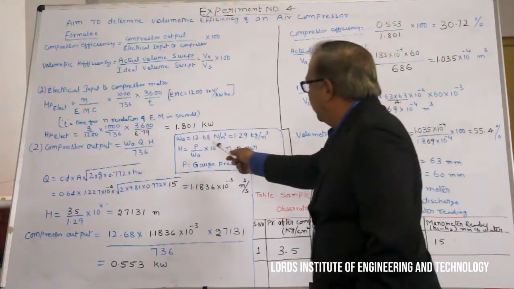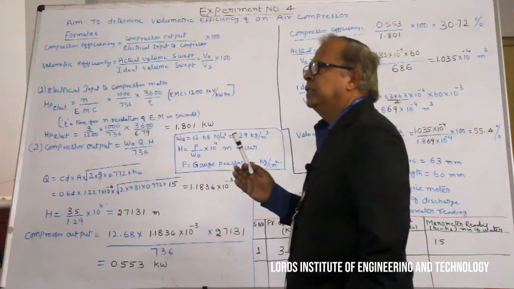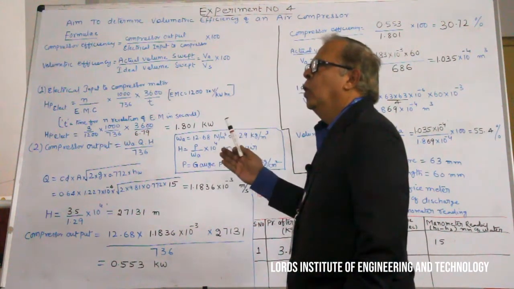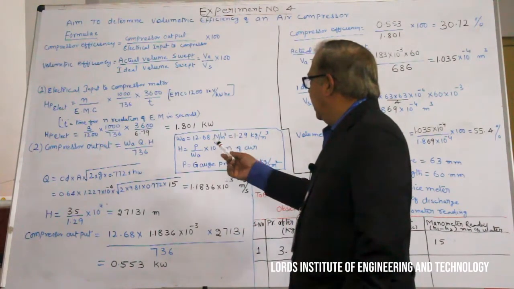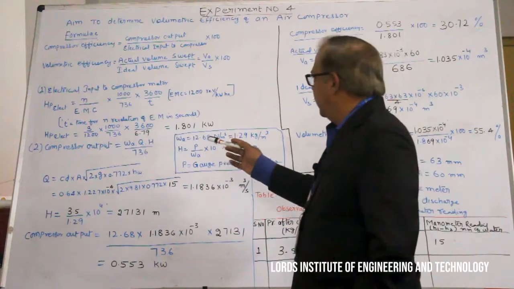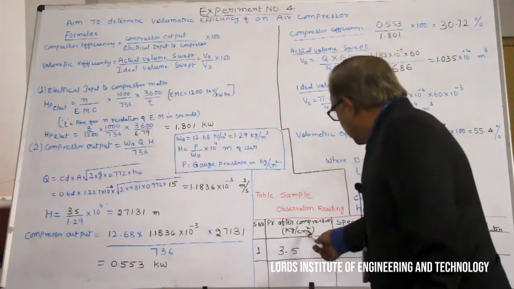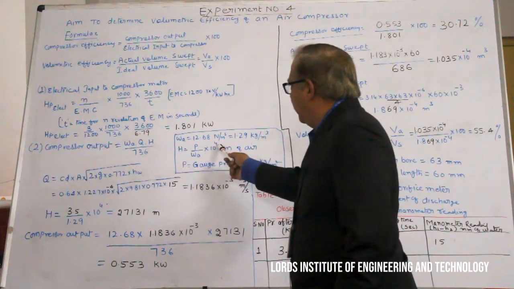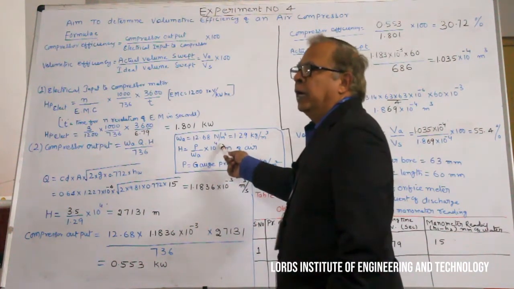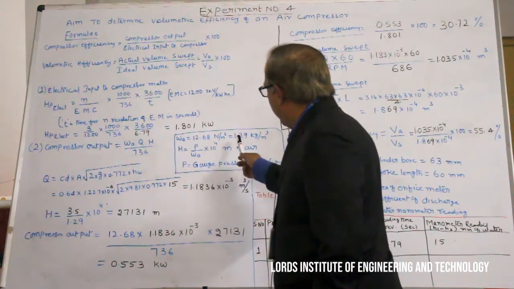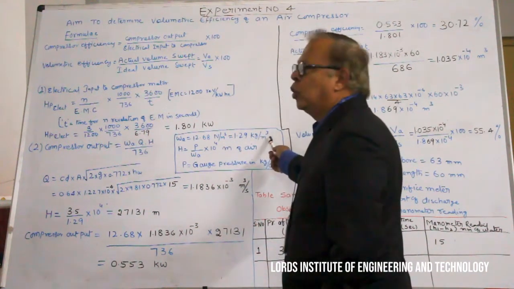We know 100 centimeter is equal to 1 meter. So if we multiply that with 10 to the power 4, we get it in kgs per square meter. The pressure we can convert into kgs per square meter by multiplying it by 10 to the power 4, and then here we have density of air as 1.29 kgs per cubic meter.